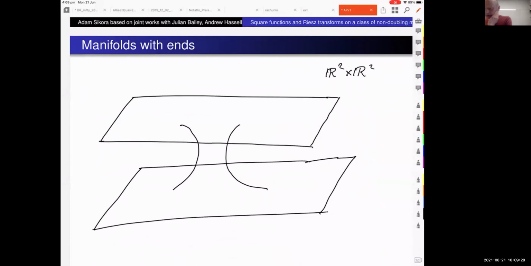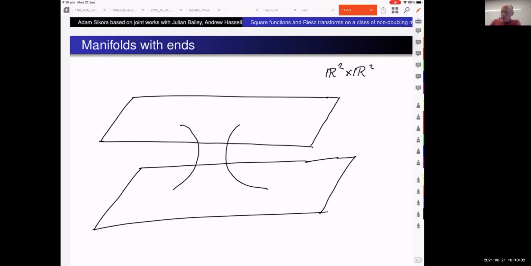This is the world of space in which I'm interested. Here I've got a plane connected with a plane, and in a sense you could think that this is a small perturbation. So you've got two planes living separately, and then you can do analysis on one and the other. Nothing really interesting happening there.